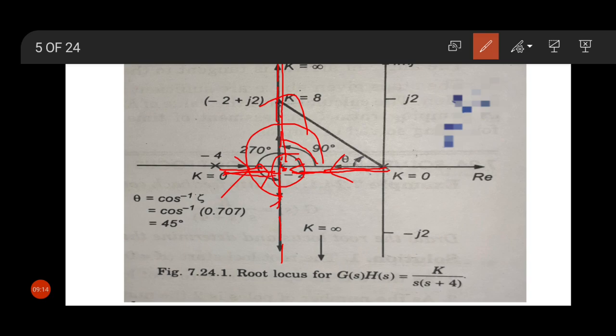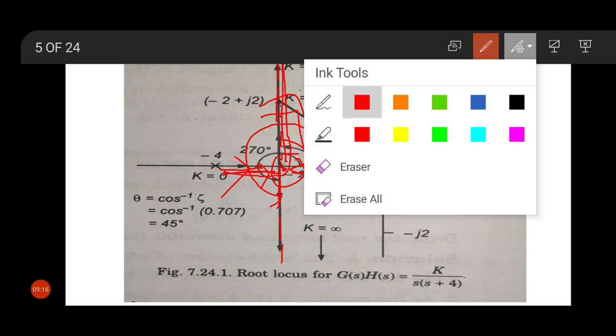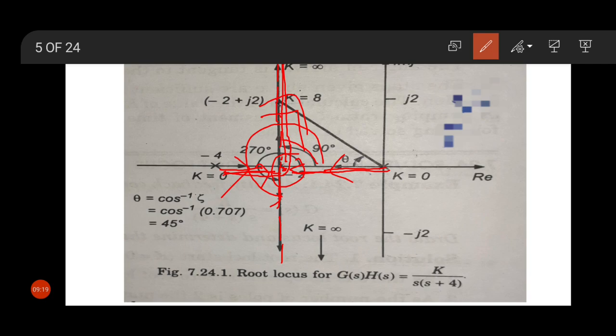One locus starts from -4 and reaches -2, and from -2 leaves the real axis and follows the asymptote in this way, and another locus starts from 0, reaches -2, leaves the real axis and moves in this way.